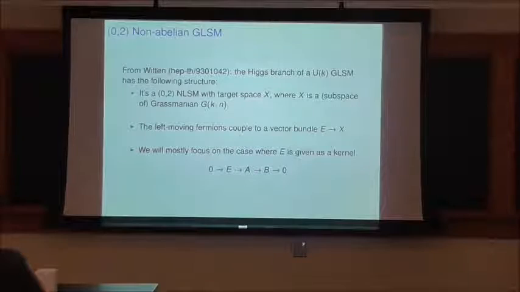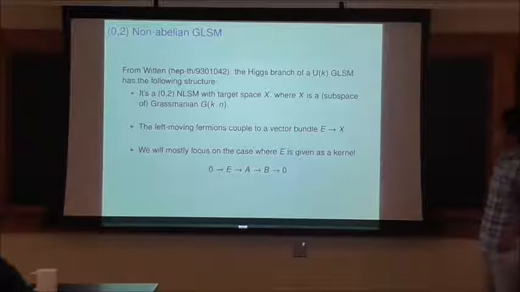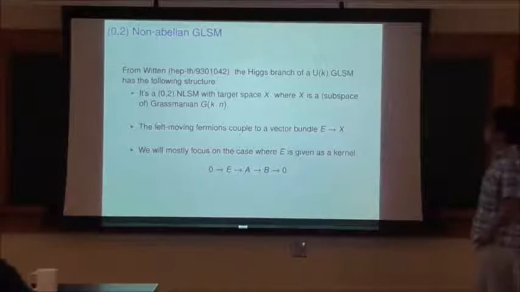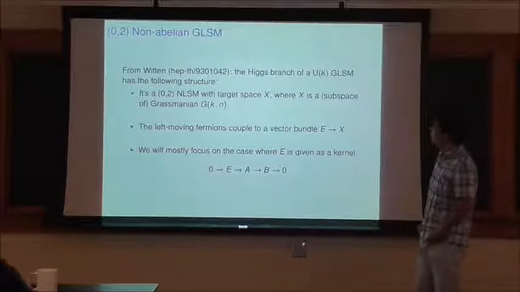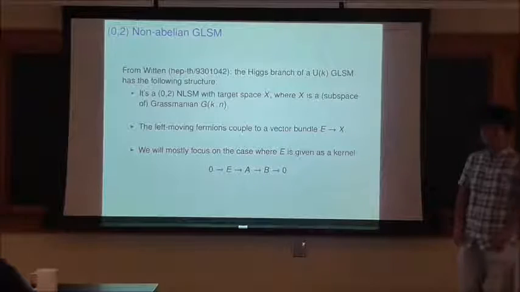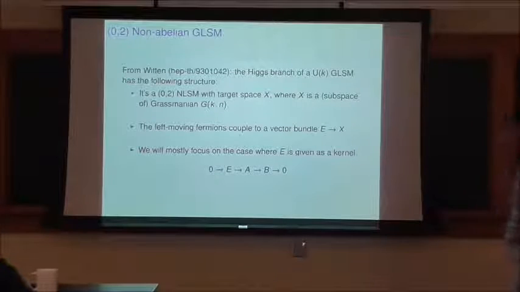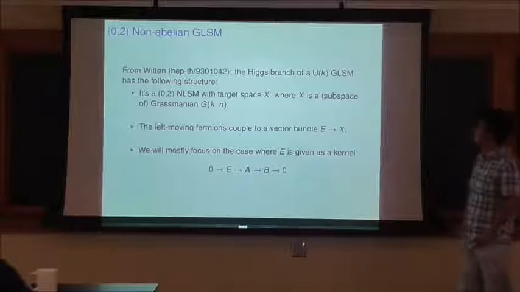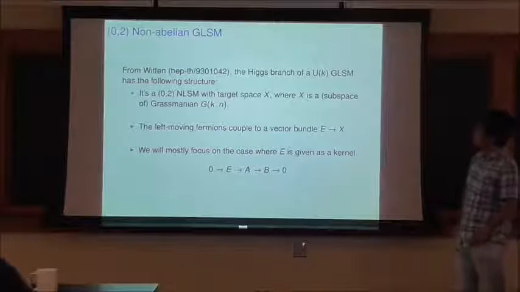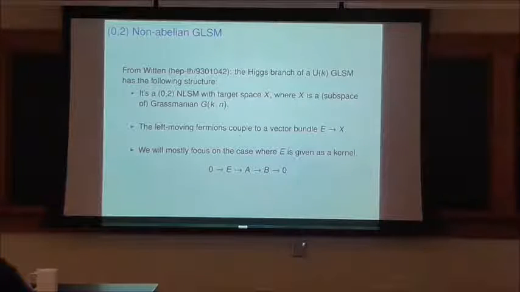And from Witten's original work on the interpretation of the IR geometries of these gauge theories in two dimensions, we know that the Higgs branch of a U(k) GLSM has the following structure. First of all, you have a base space, which is usually a hypersurface or a subspace of a Grassmannian, where k will be the rank of the gauge group, which is in this case U(k), and N is the number of flavors.